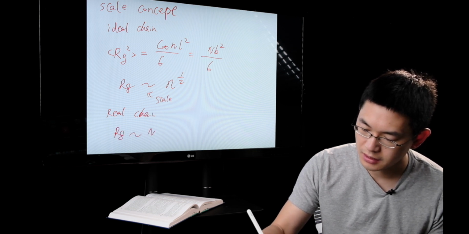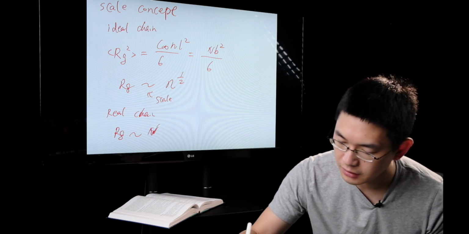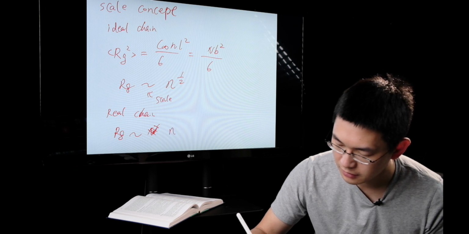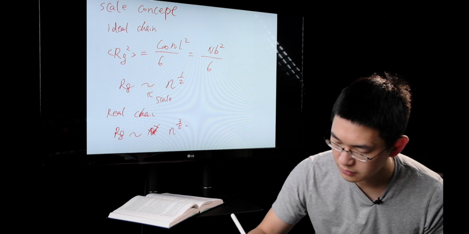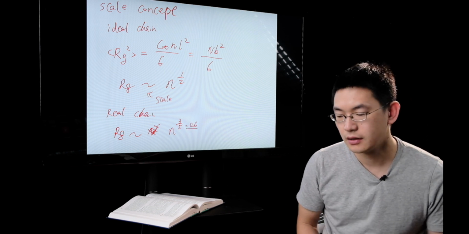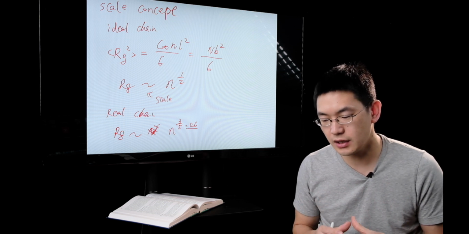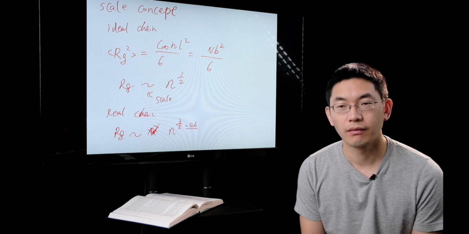We discussed this would be, let me see, how can I erase it? I'll just cross it out. It should be n to the 5/3, or this is 0.6. So you can see now your Rg at the same degree of polymerization will be increased, right?